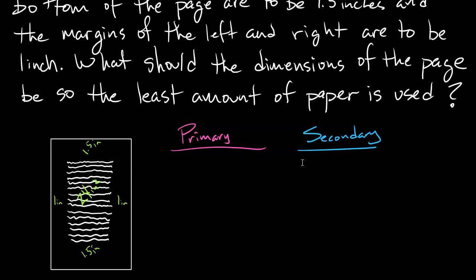We are trying to find a minimum. In the problem, it does not directly say max or min, because it's not always going to. On this one, it says least amount of paper. So that's just kind of inferring minimum. You're trying to find the minimum amount of paper. So our primary equation is going to be the paper.